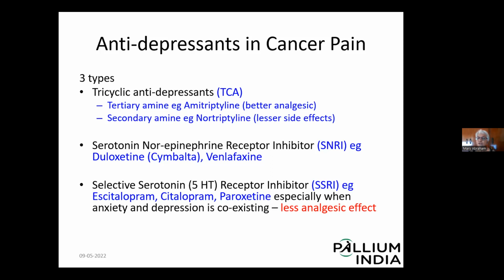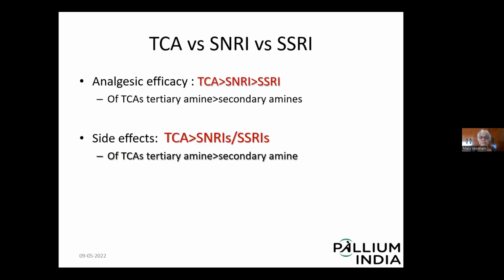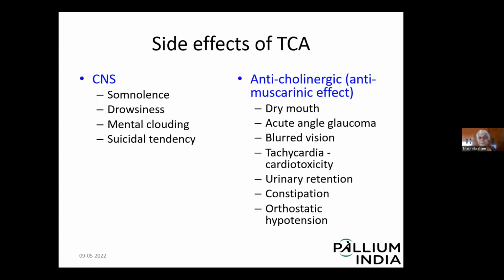They are mainly used for anxiety and depression. It has less analgesic effect as compared to the upper two drugs. So if you look at the analgesic effect, the TCA is more analgesic than SNRI, which is more than SSRI. But if you look at the side effect profile, again, the TCA has more side effects as compared to SNRI and SSRI.